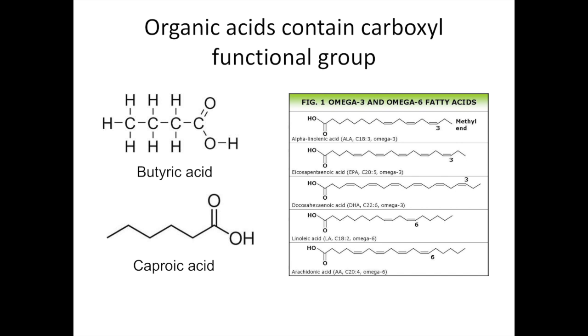And we find organic acids in a number of different places. Maybe you've heard that you want to have omega-3 fatty acids in your diet, or you want to have MUFAs, monounsaturated fatty acids, in your diet that are supposed to be the healthier fats, like you might find in avocados or olive oil.